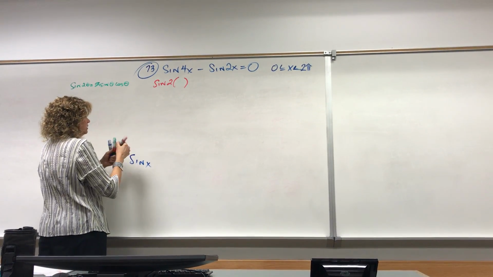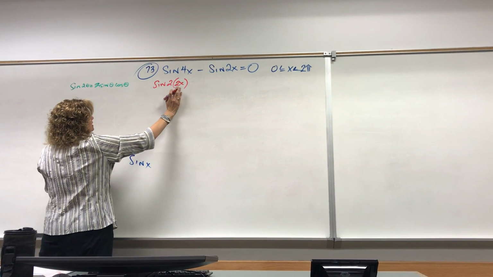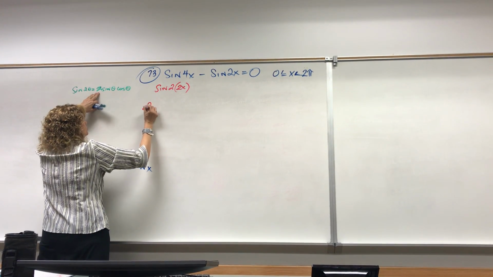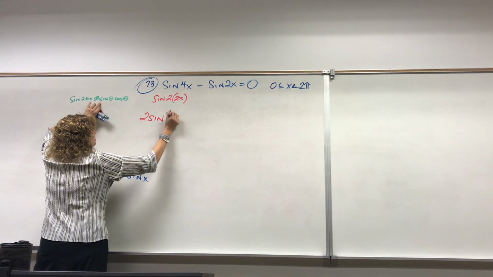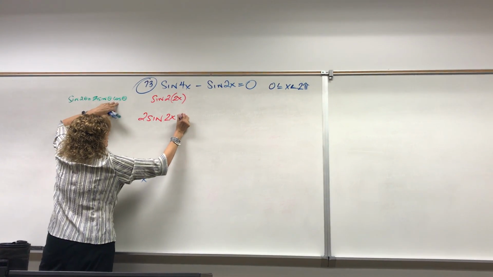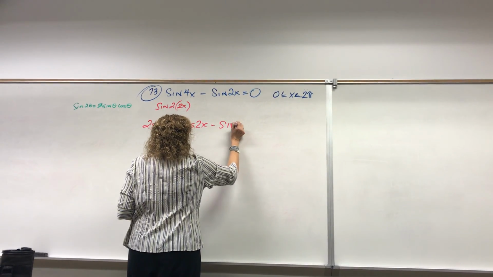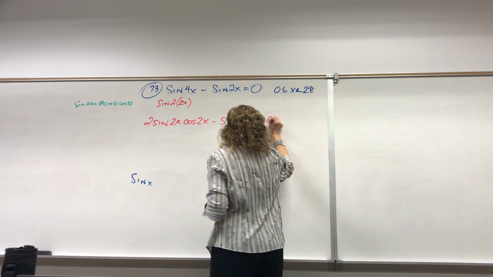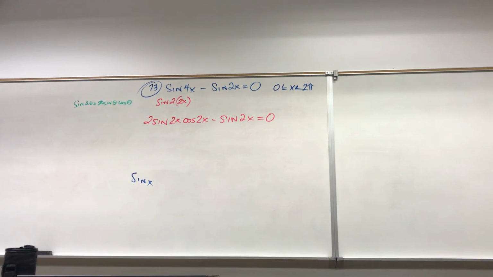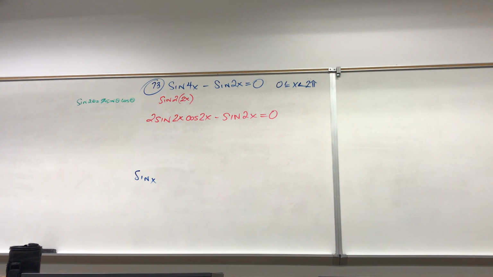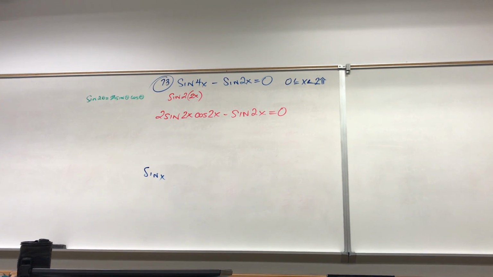Let me get rid of that theta. The sine of 2 times an angle is 2 sine of the angle cosine of the angle. If you do that and then stop with the substitution, let's just solve this equation in terms of 2x being my angle.